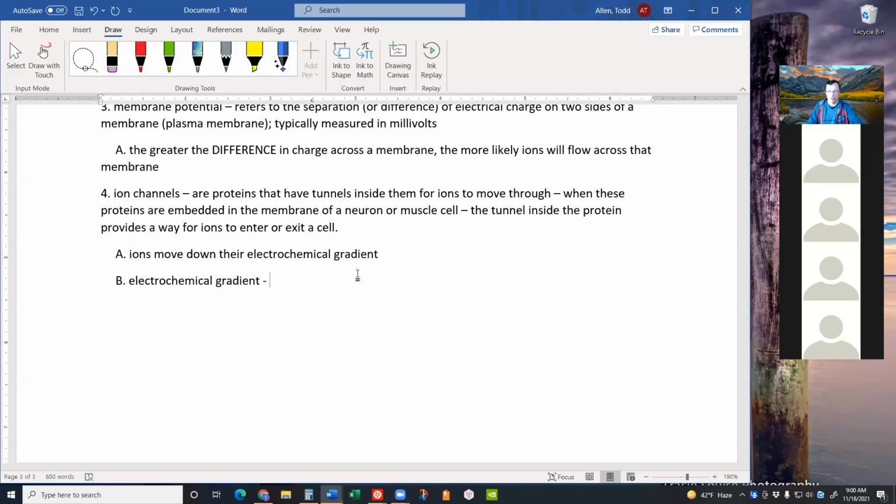So if you think about your position at the bottom of the hill and the top of the hill, that difference in elevation is a gradient. Now, we're not talking about an elevation gradient here with our physiology. We're talking about an electrochemical gradient, okay?